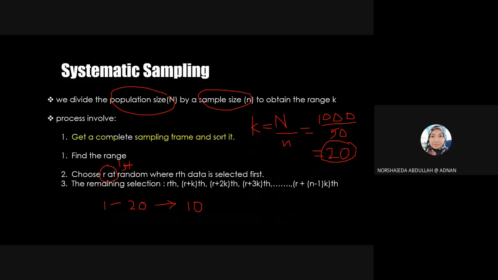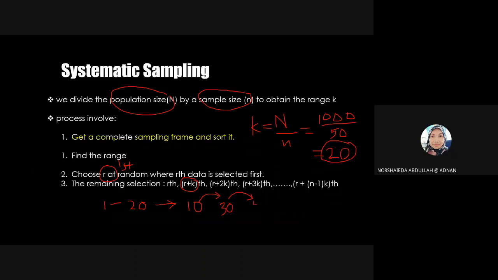Okay, so kita dapat the first sample is the 10th person in the list. So untuk the next sample, kita just plus K. Okay, so next plus K, K 20. So next is 30 lah. The next one, the third one, plus another 20, K kita 20 kan.